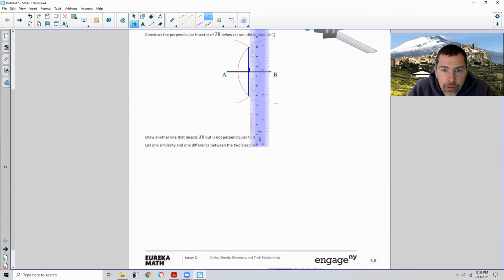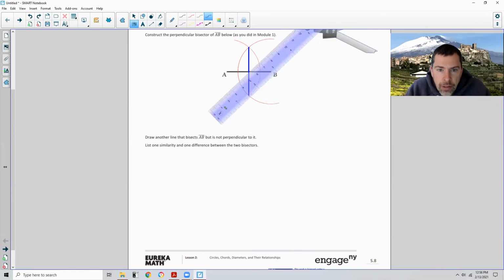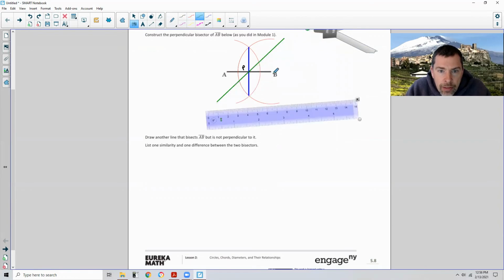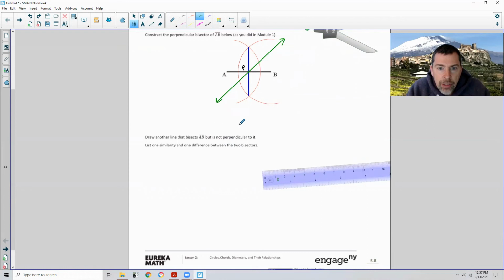So all I have to do is take my ruler and line it up with that point that we called P that I erased. So that's point P right here. And I will draw a segment. So AP is still equal to BP going through this point right here. But this line here is not perpendicular to AB.